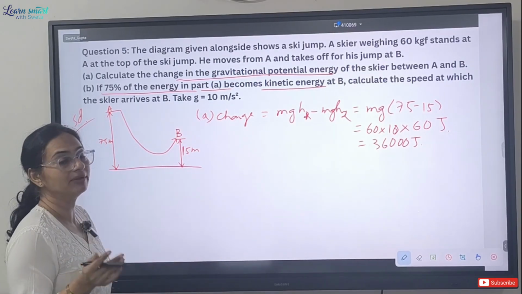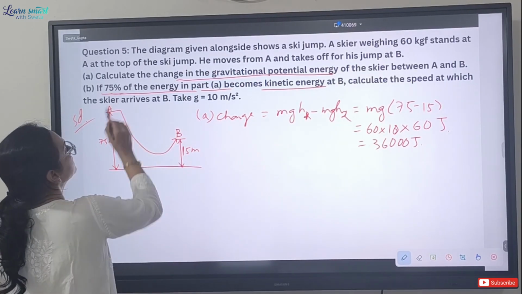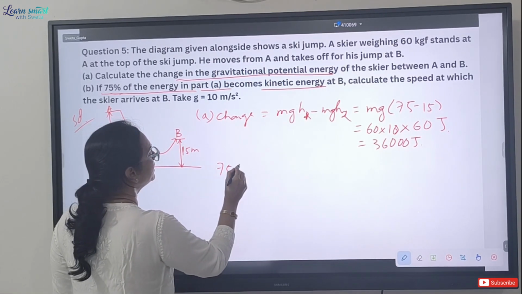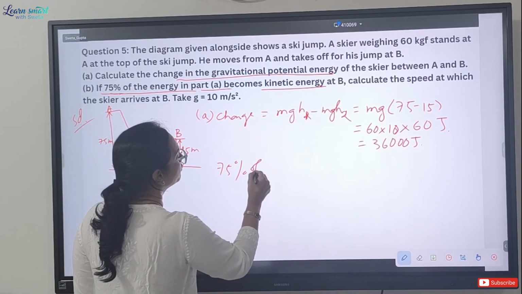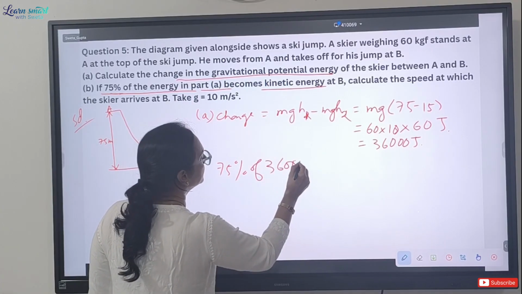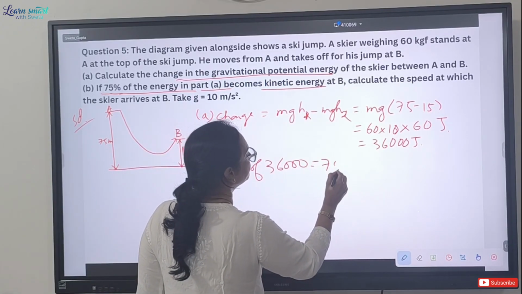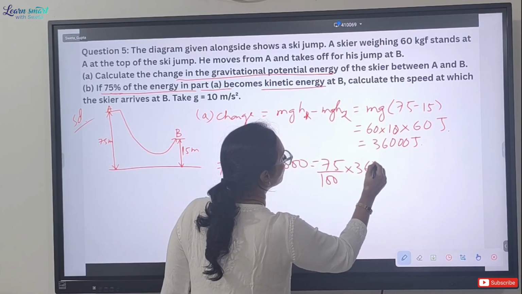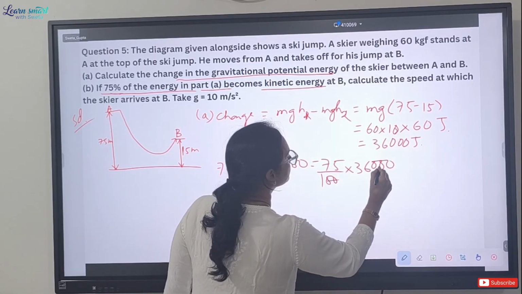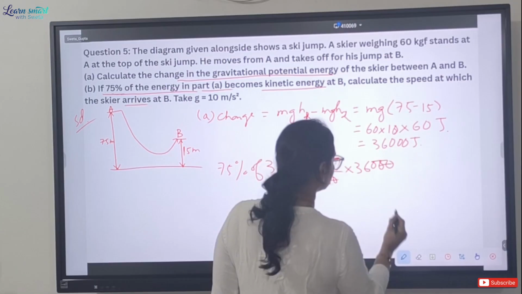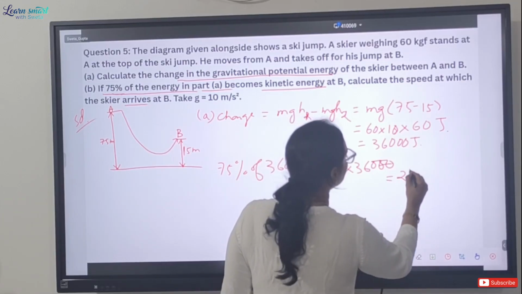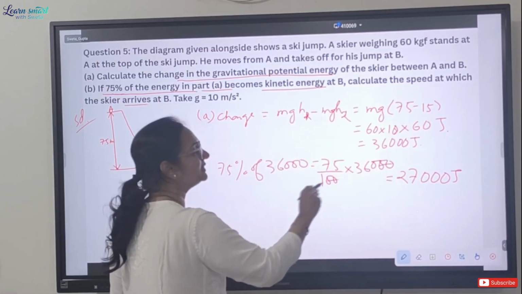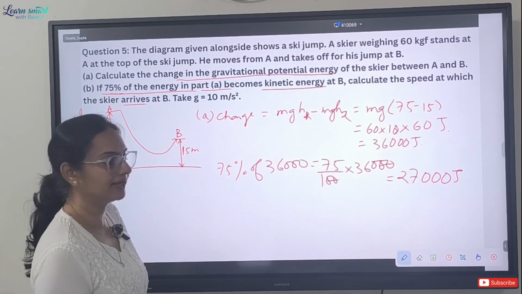He is jumping, so only 75% is converted. So we will calculate 75% of this. So 75% of 36,000 is 75 upon 100 into 36,000. You will get 27,000 joules. So only this much is converted to kinetic energy.